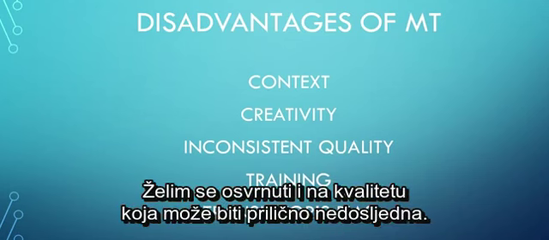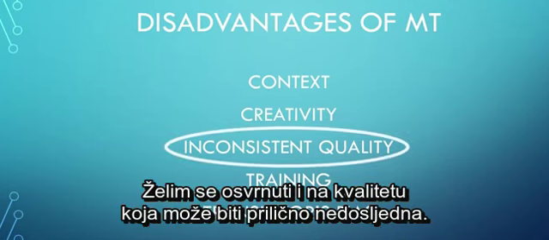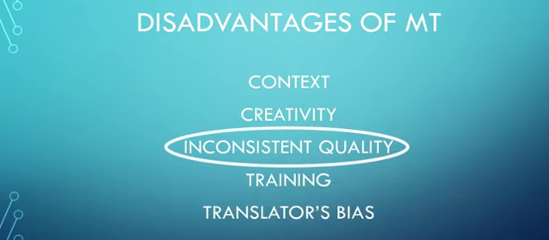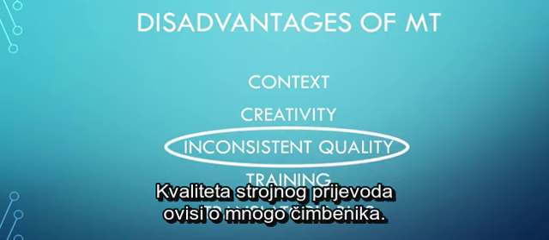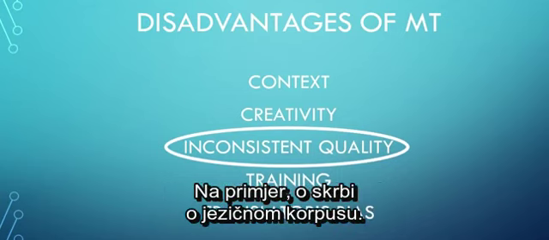The next thing that I would like to mention is that the quality can be quite inconsistent. The quality of the output from the machine depends on a lot of different factors. So, for example, we have the curation and the quality of the corpora.